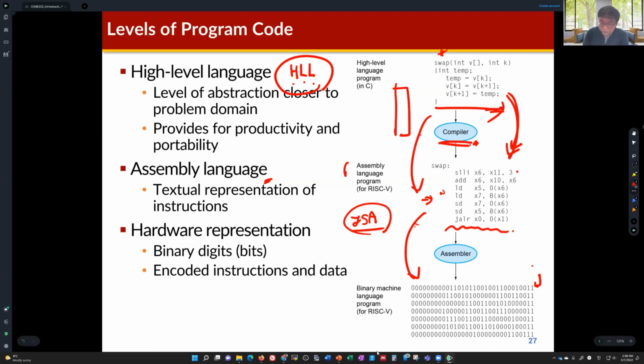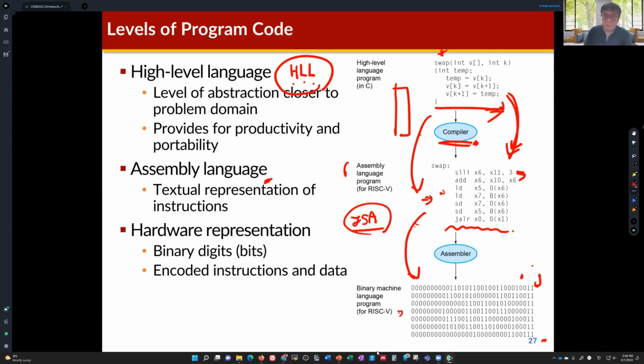So each line of assembly code is translated into digital data like this. Okay, and then this data is stored inside the computer system, and the computer system reads this digital data and executes the instruction.